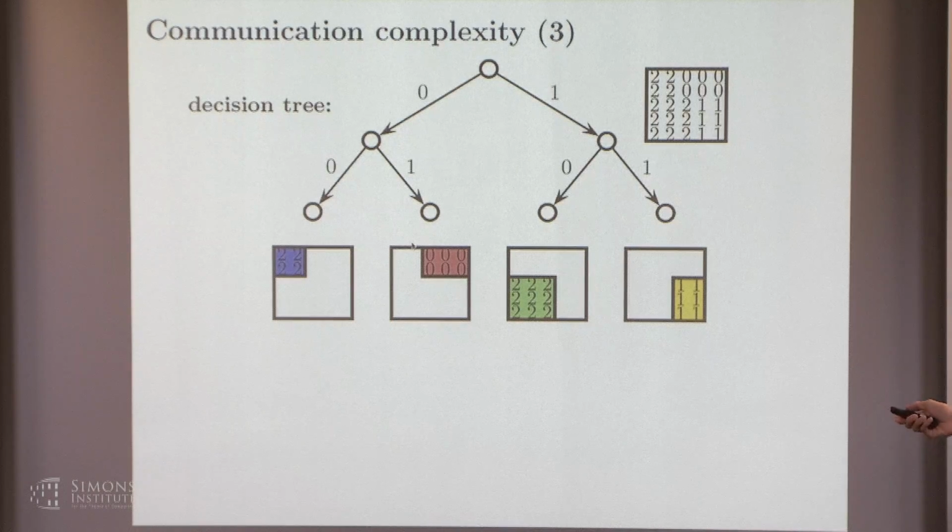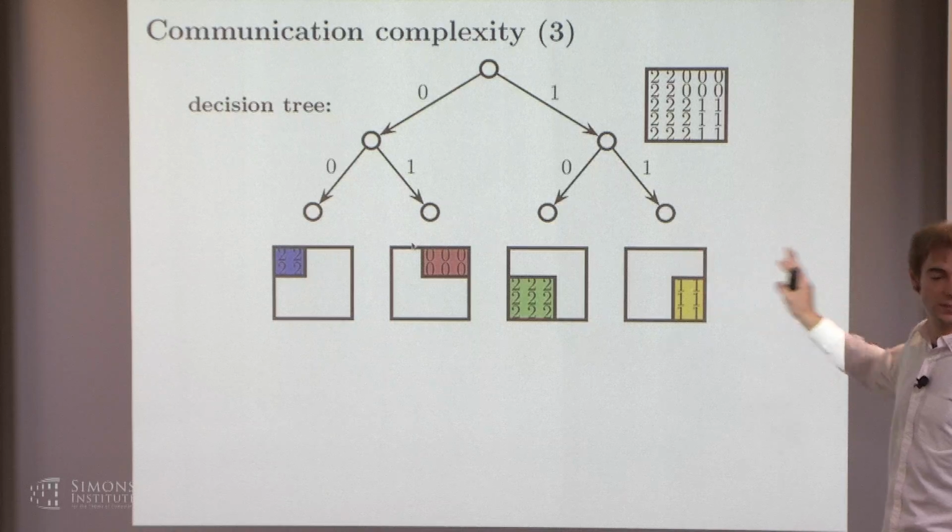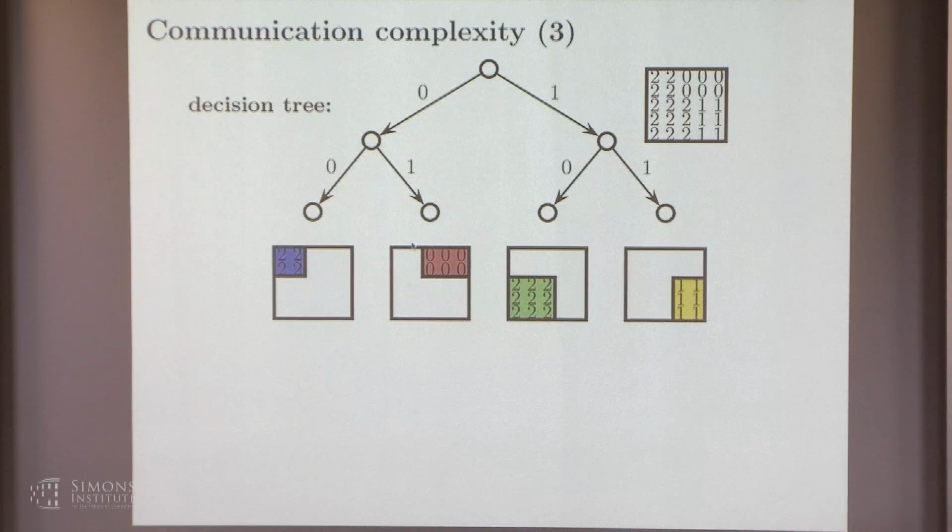And I should mention that usually the way this is interpreted is that the function corresponds to a matrix, and Alice gets a row index, and Bob gets a column index, and they have to figure out what's the entry in the matrix. Obviously, that's the same as figuring out a function.